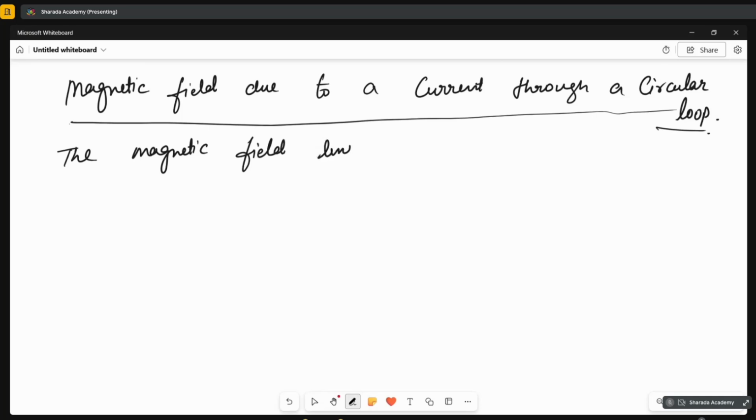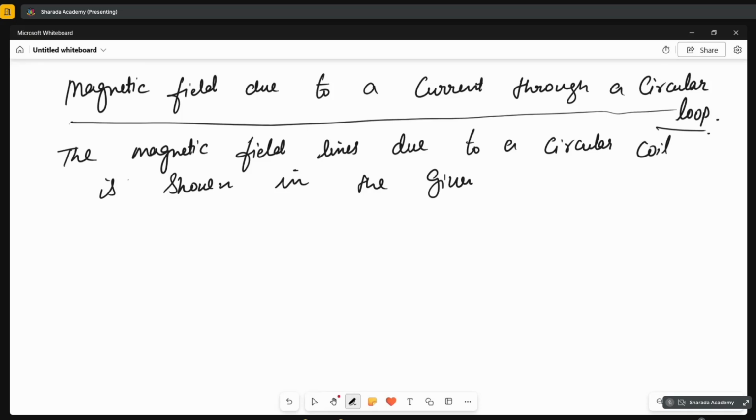The magnetic field lines due to a circular coil, as shown in the given figure. Drawing here is actually difficult.